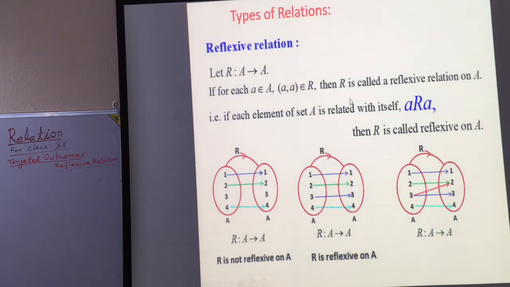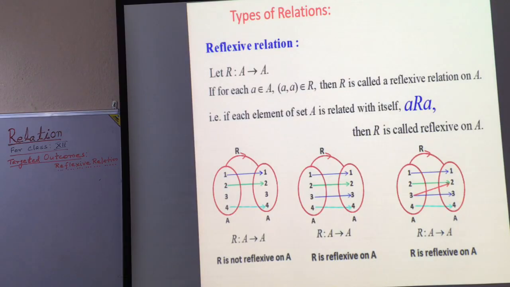As per definition, we have to see only one thing, whether each element of the set is related with itself or not. And here we observe that each element of set A is connected with itself. So necessarily this is a reflexive relation.